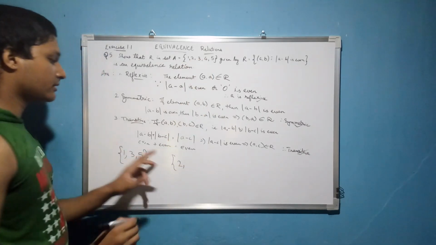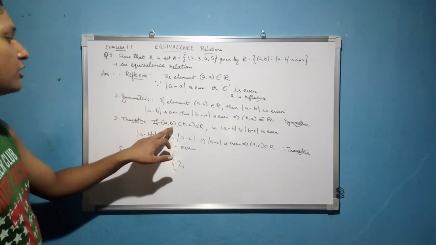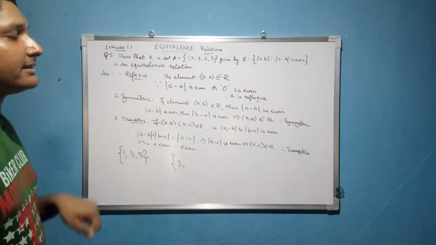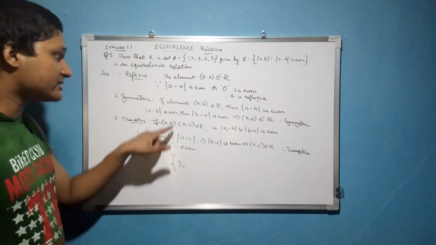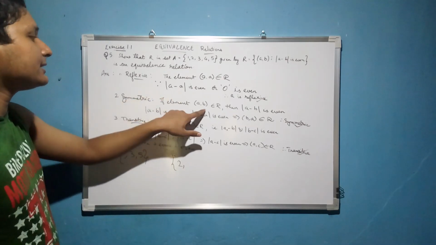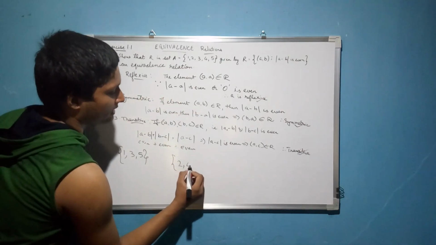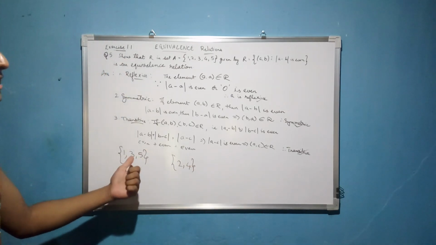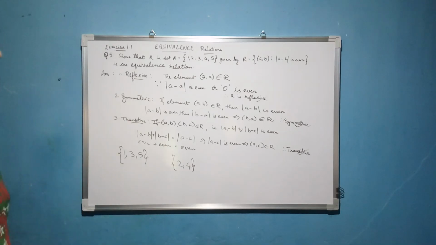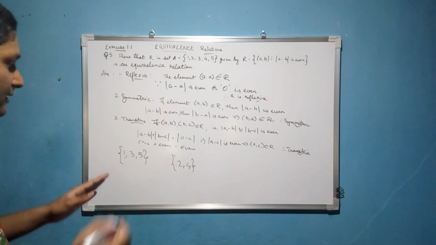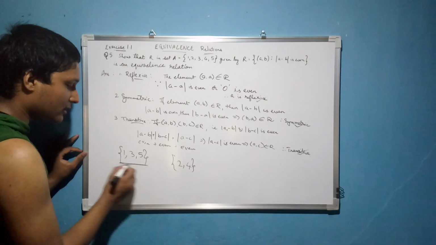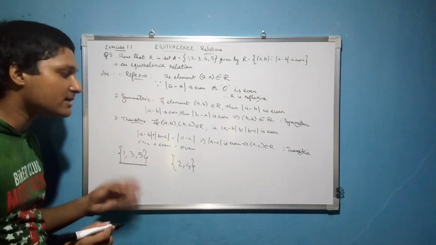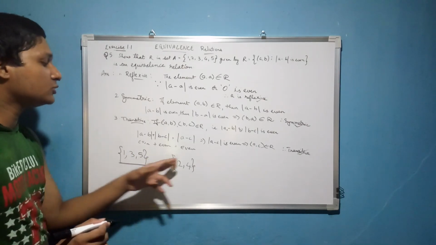If 2 is one of the elements, what could be the other element? It can be either 2 itself, or it can be 4 only, because 4 minus 2 is even. If 4 minus 3, you get an odd number, which is not divisible by 2, so it should be even. So 1, 3, 5 are related to themselves and not to 2, 4.